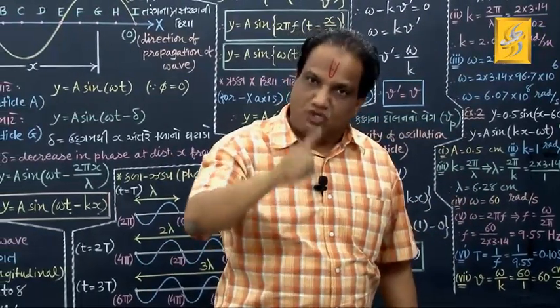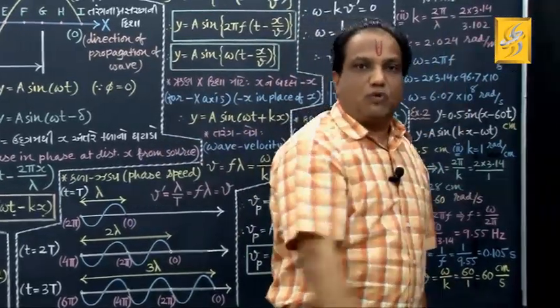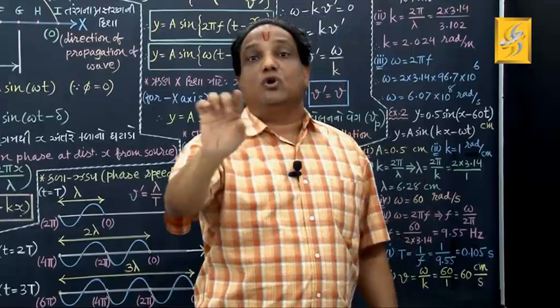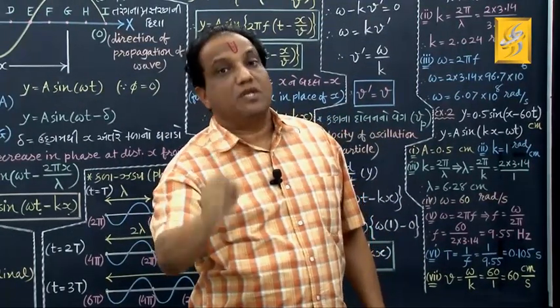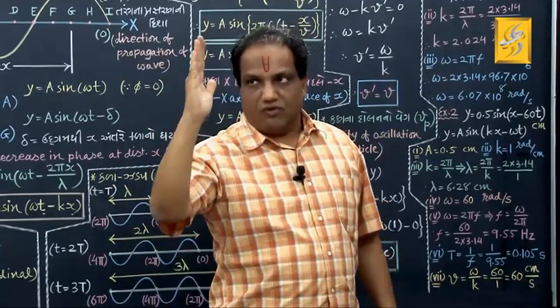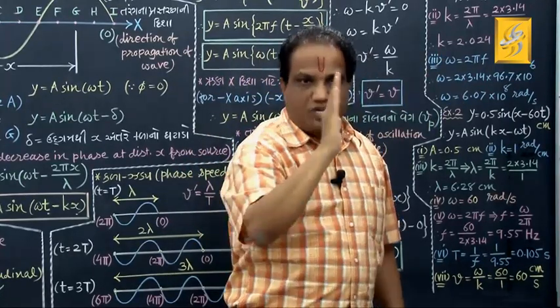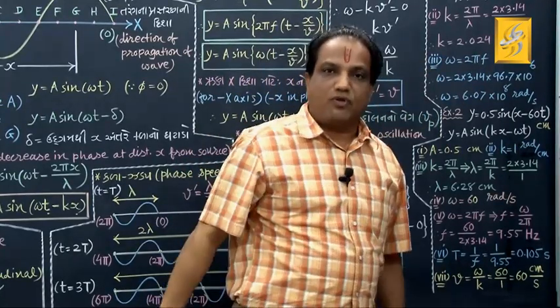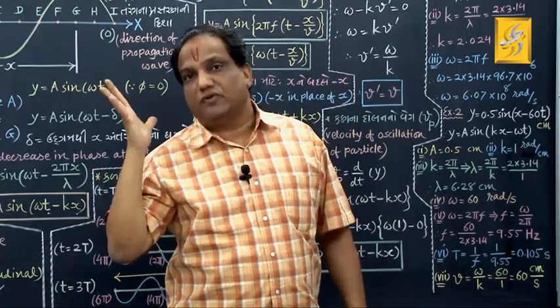Waves during the propagation of which particles of the medium oscillate parallel to the direction of propagation of the wave are called longitudinal waves, and we have only one example for longitudinal waves, sound waves. Okay?